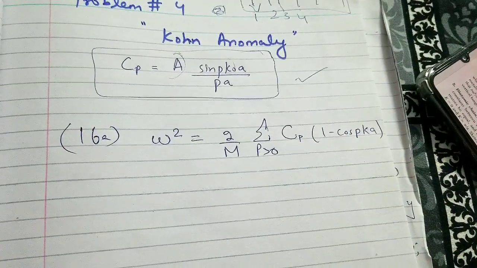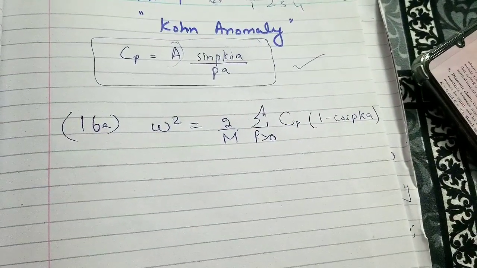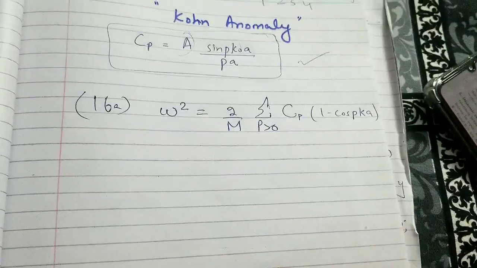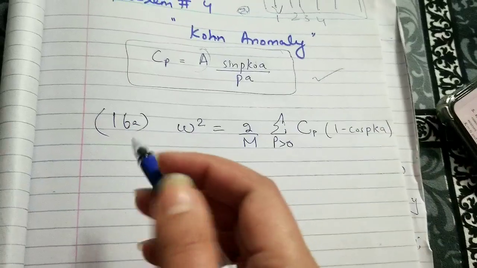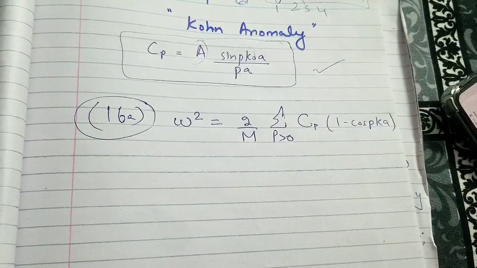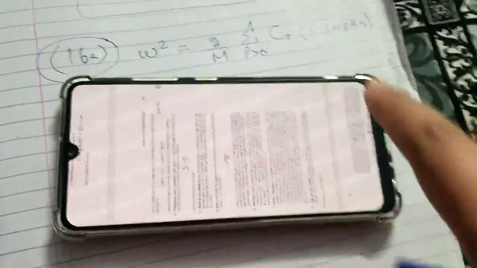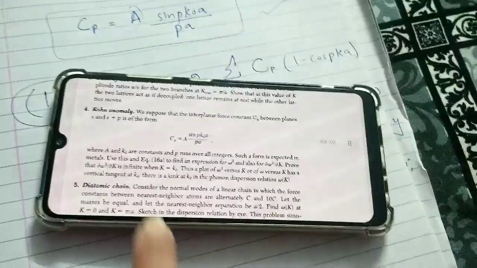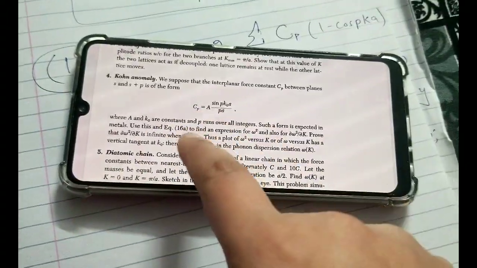This is simply the dispersion relation for the metal lattice, typically used in metals. This is equation 16a that they are referring to, available in Kittel's Solid State Physics.